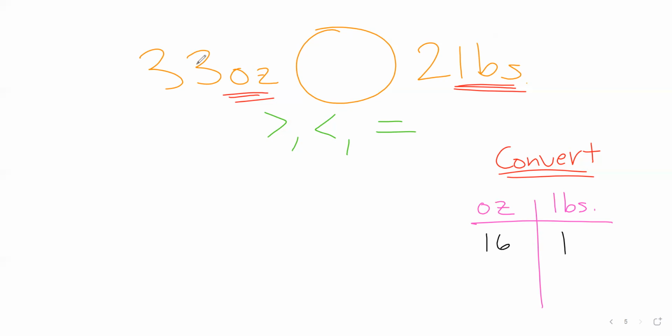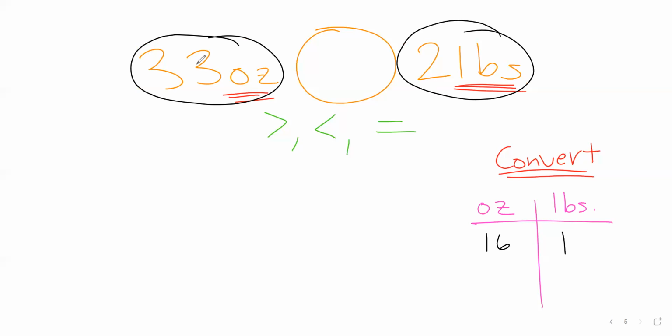So I have to think about what's going to be easier for me to do. Do I want to change this to pounds, which means I would have to divide it by 16? Or do I want to multiply this by 16 to get to ounces? I think that's a little bit easier for me. 2 times 16 makes more sense. So I'm going to keep 33 ounces.